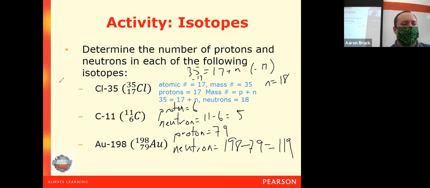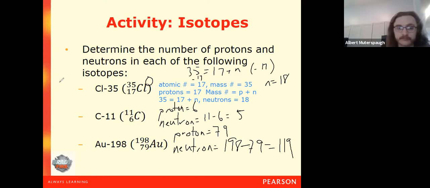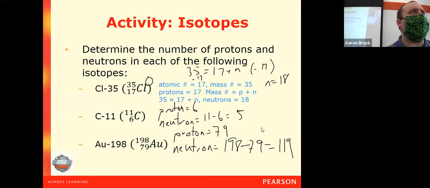If we have a neutral atom, which this one is, there's no charge on it, then the number of protons and the number of electrons is the same. So how many electrons in carbon 11? It would be 6. How many electrons in gold 198? 79. All right, any questions with any of these 3 examples?